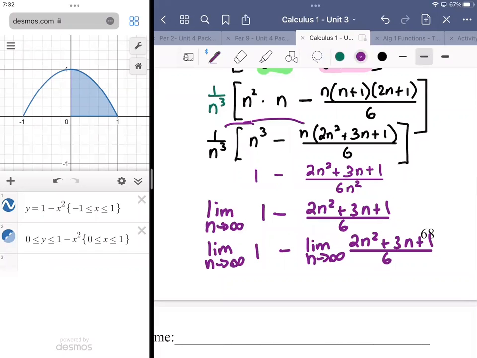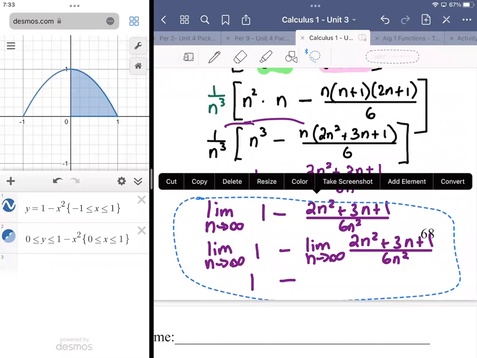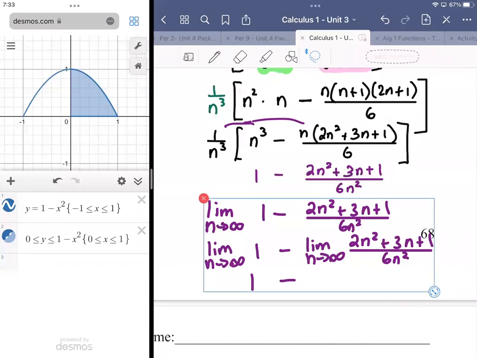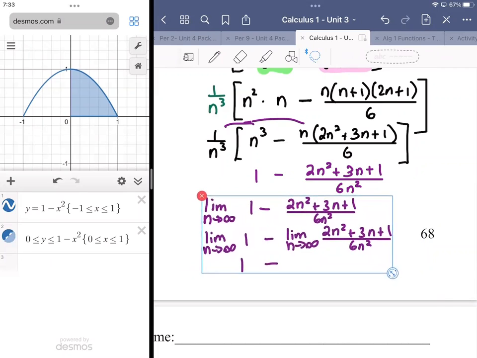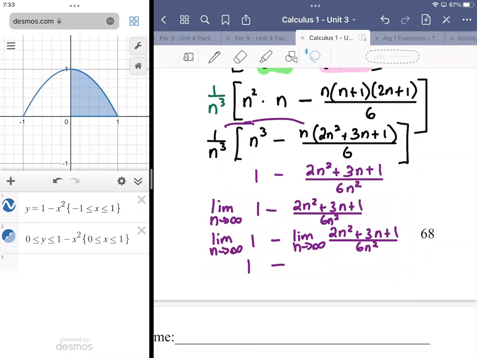So this becomes a 1 minus, oops, sorry, I lost my n squared here. Now this is another L'Hopital's rule situation, but I'm already running low on space, and this problem's long enough as it is.